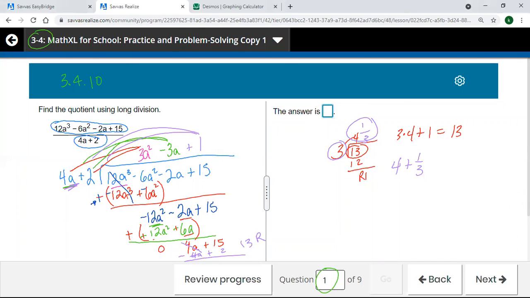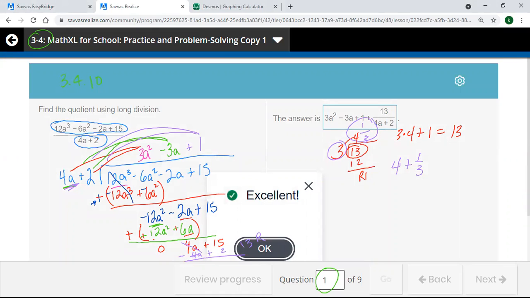And what are we going to have? We got 3a to the second power minus 3a plus 1 plus our remainder, which was 13, over, what was our divisor? We were dividing by 4a plus 2.